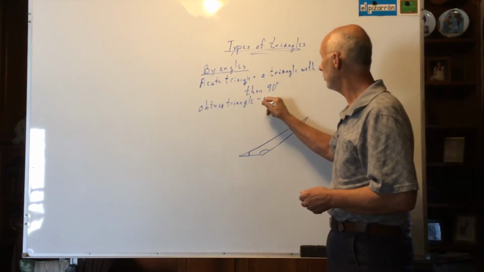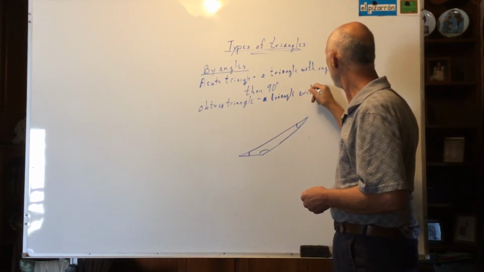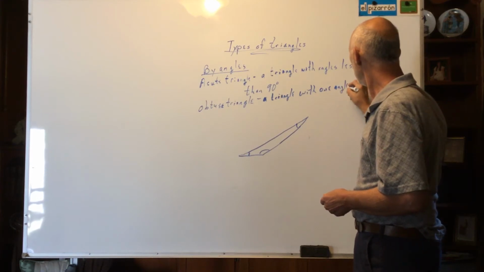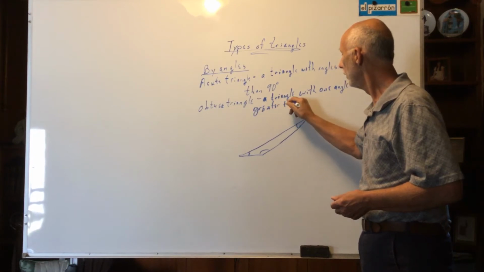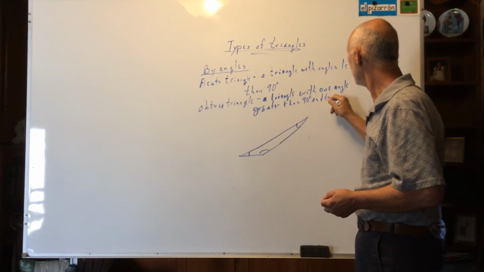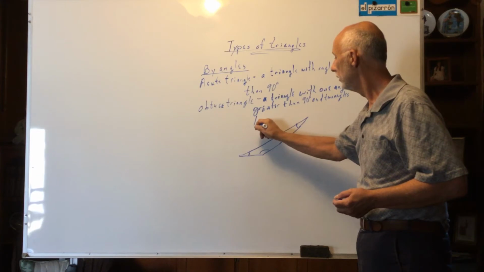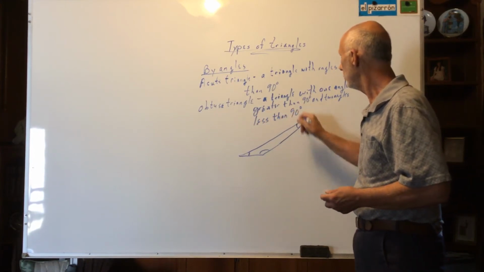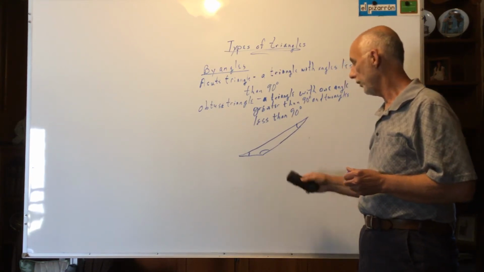So an obtuse triangle is a triangle with one angle greater than 90 degrees and two angles less than 90 degrees. In other words, it has one obtuse angle and two acute angles.